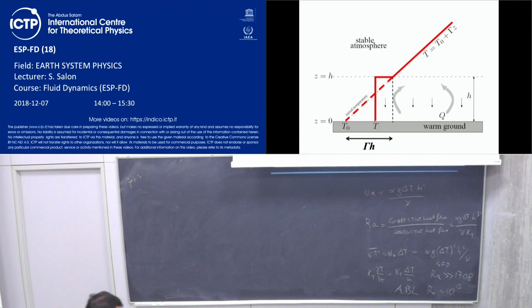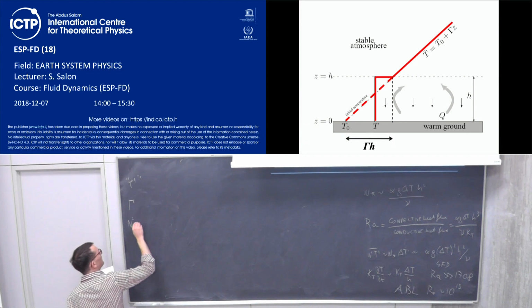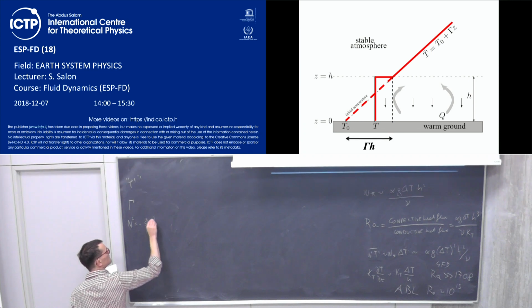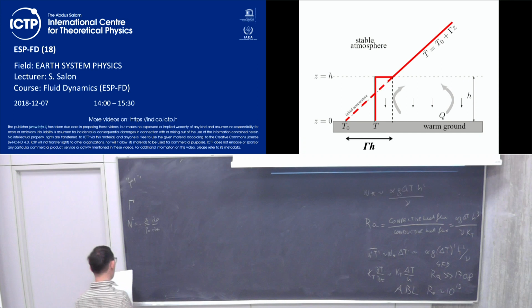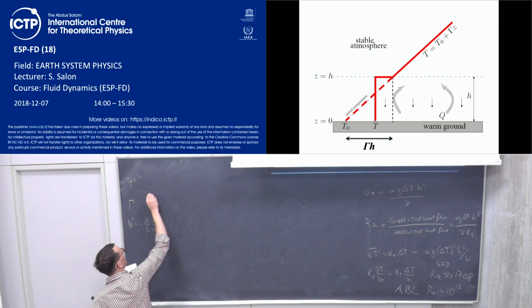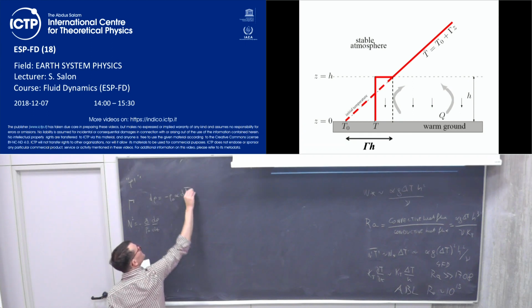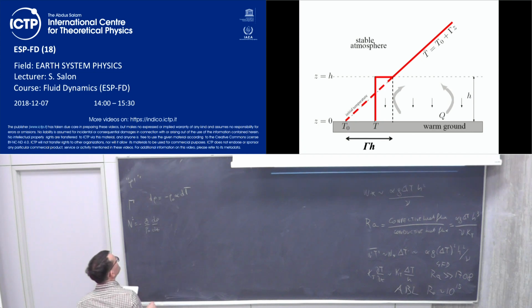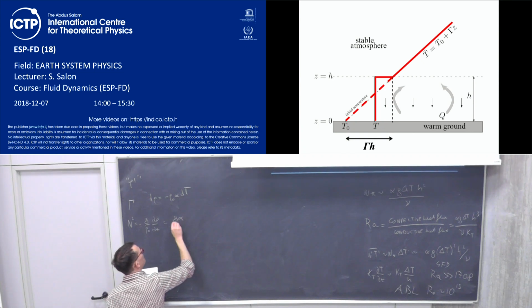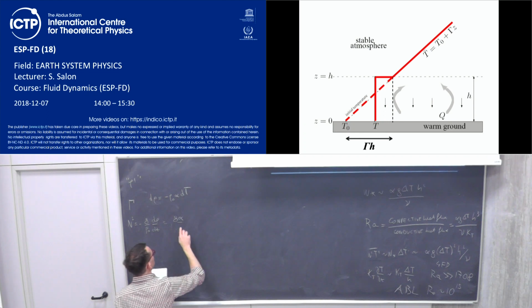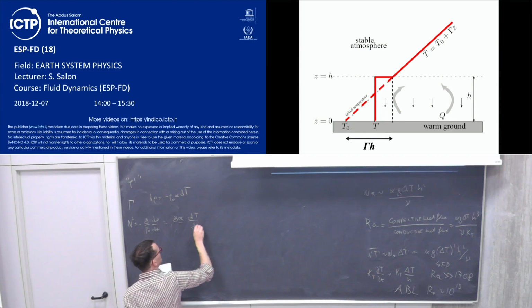So, first of all, how much is lambda? Lambda is the thermal gradient. If we express N squared, the Brunt-Väisälä frequency, in the usual way, we can write delta rho as minus rho 0 alpha delta T. So this will be g alpha over rho 0, and rho 0 can be neglected, and we have dT/dz.